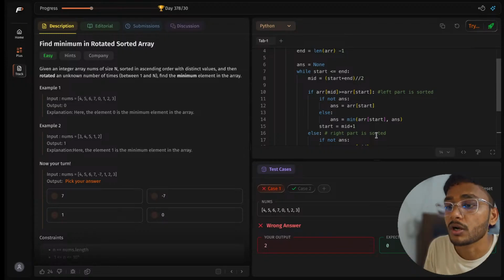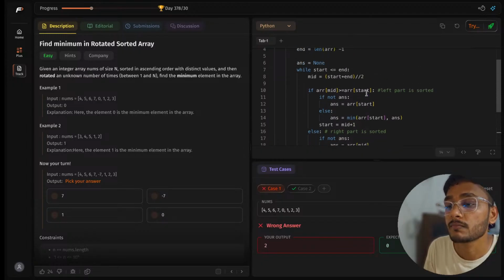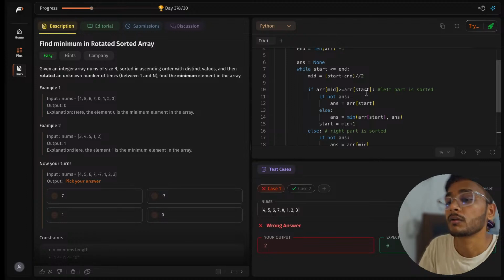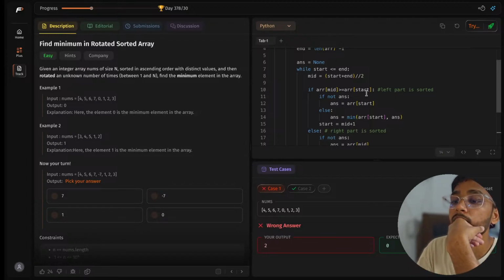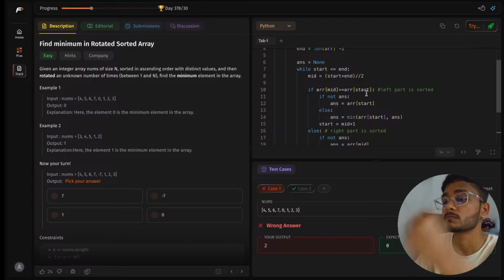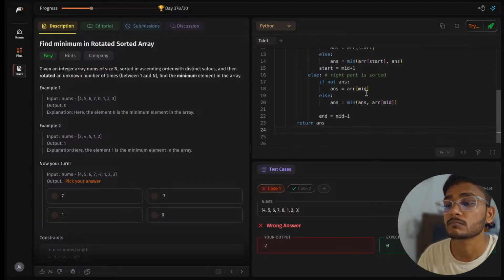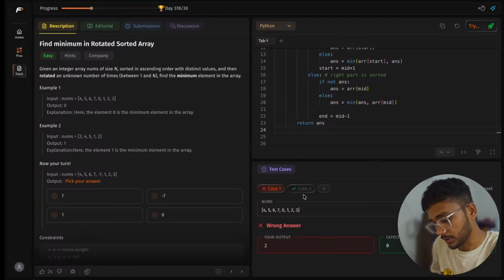Mid is start plus end by 2. Okay. Array of mid is greater than or equal to start. So min will be array of start. Okay, let me see what's wrong with it.